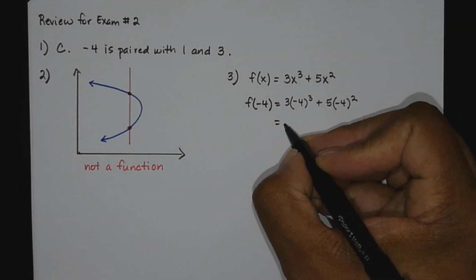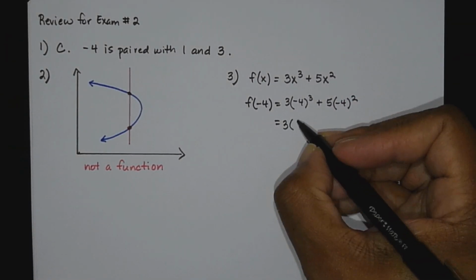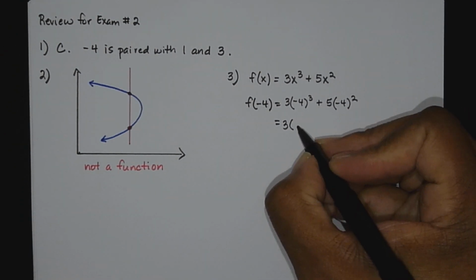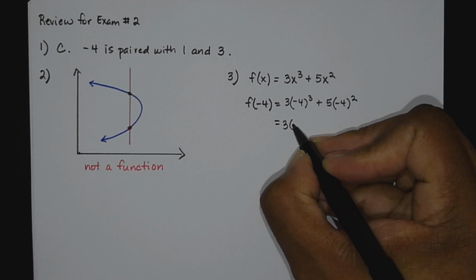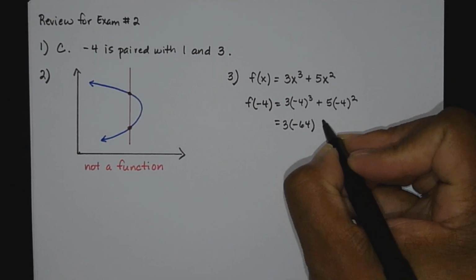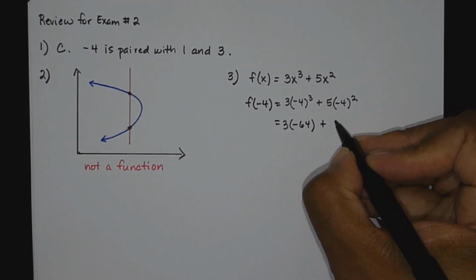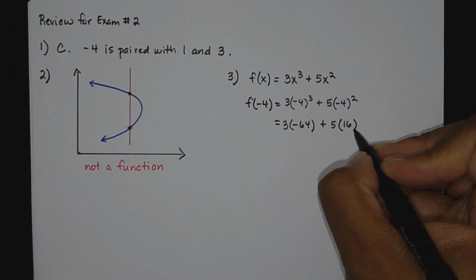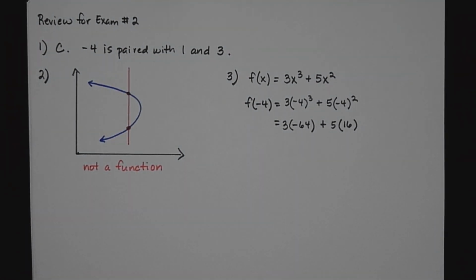Now, when you cube a negative, that's going to be negative, so I have 3 times, and then -4 cubed will be -4 times -4 times -4. That would be -64. And then -4 squared would be -4 times -4, or 16.